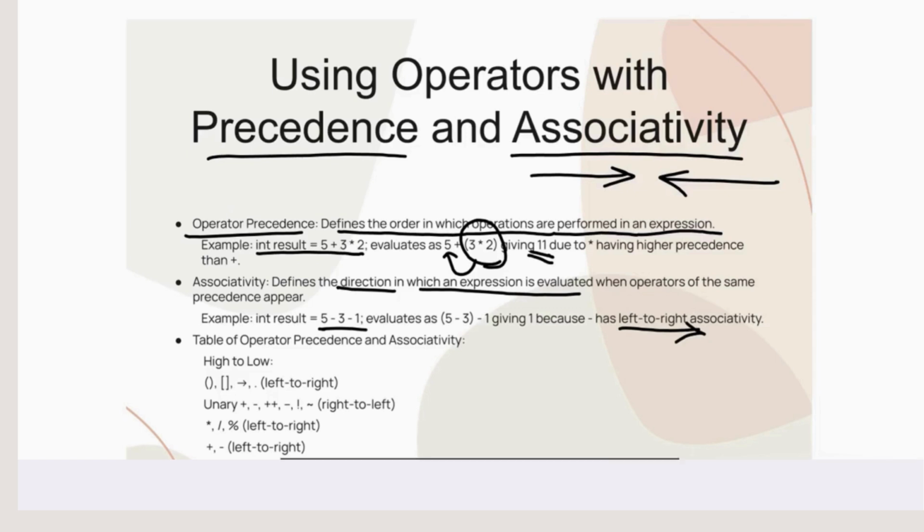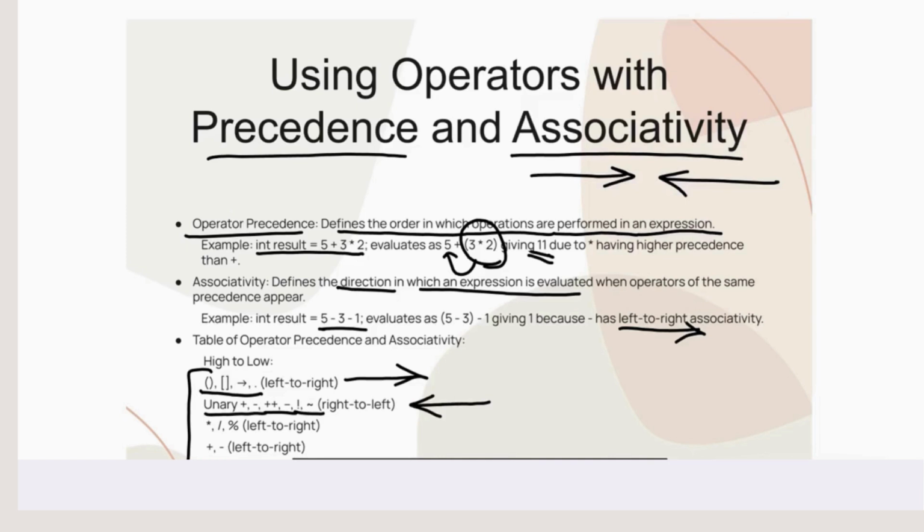Let us see how the table of operators, precedence and associativity works. The high to low table specifies here that highest priority will be given to parenthesis, subscript operator, arrow and dot operators, and its associativity is from left to right. Then the priority is given to unary plus minus, plus plus, minus minus, not and tilde sign, which is the bitwise operator, and its associativity is from right to left.